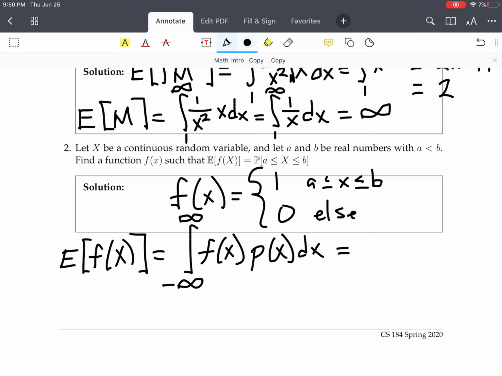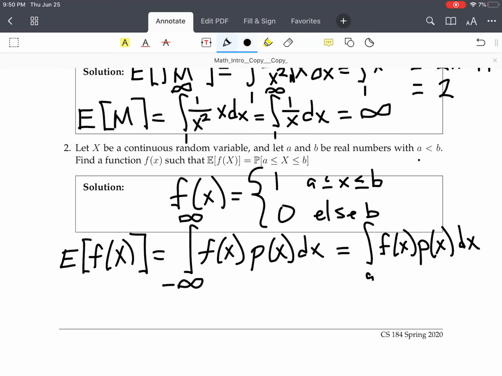And now by our definition, f of x is 0 everywhere outside of the region between a and b. So we can rewrite this integral as an integral from a to b, because we know that a is less than b, of f of x, p of x, dx.